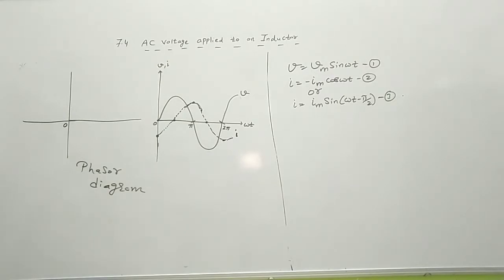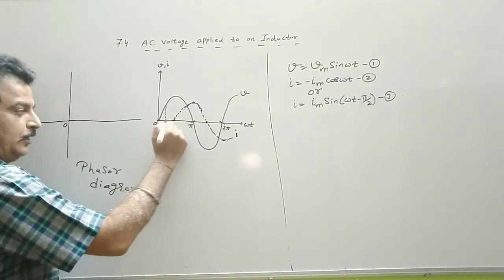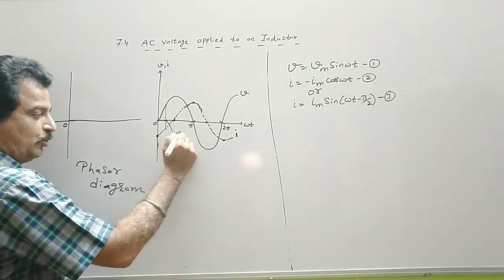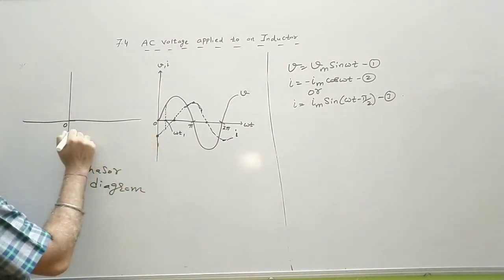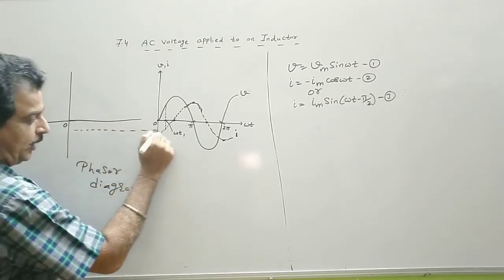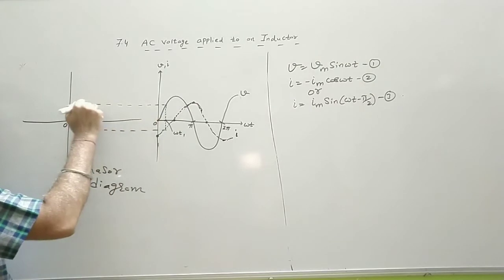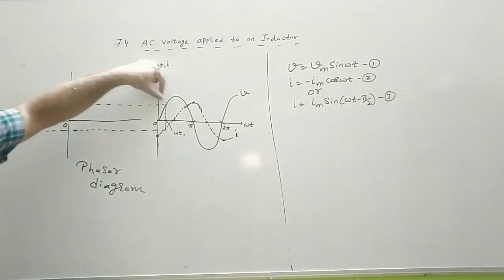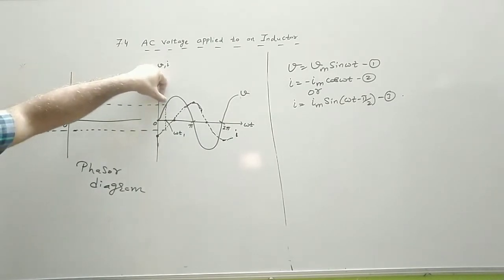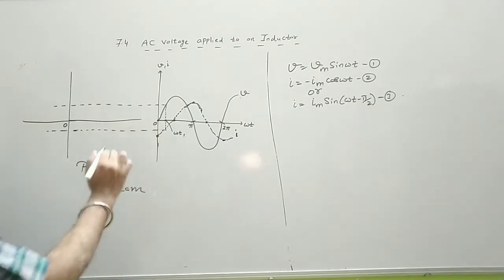Now we have to draw the phasor diagram at any instant. So let us take this instant, named as omega t1. We take a horizontal line from the sine graph, and again a horizontal line from the current.